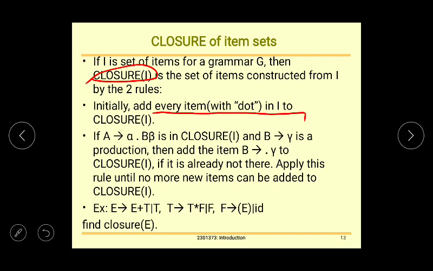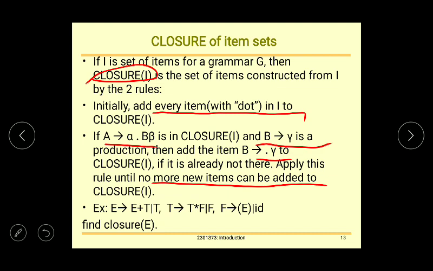Second rule: if there is a production like this, A gives alpha dot B beta, where B is a non-terminal, which is in closure of I, and B gives gamma is a production, then we have to add the item B gives dot gamma, placing a dot in the beginning, to closure of I if it is not already there. We have to apply this rule until no more new items can be added to closure of I. Okay, there are two rules.